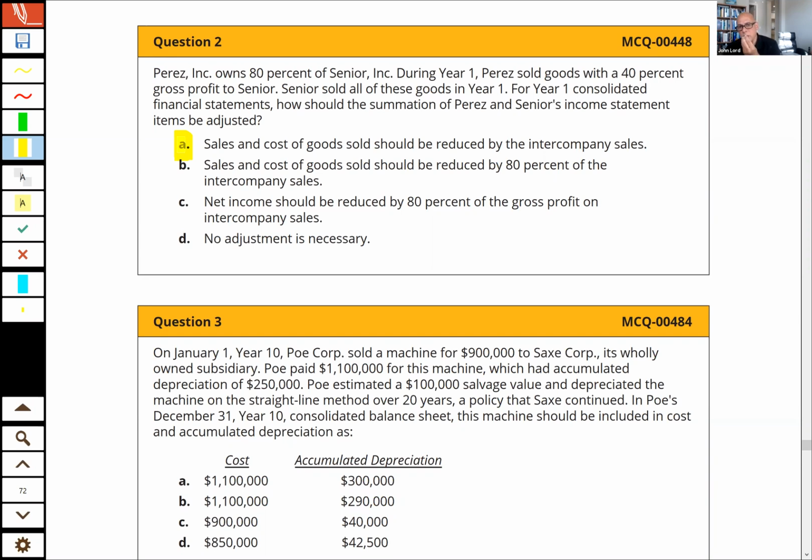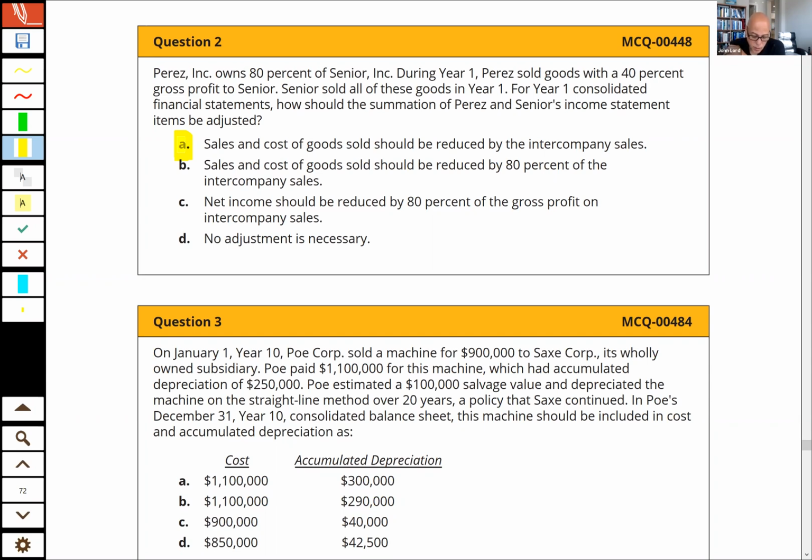Remember, any amounts that are attributed to the non-controlling interest are basically going to be an amount that's shown down at the bottom of the income statement as an adjustment to income attributable to the non-controlling interest. So this 80% is not relevant at all for this. You can show all the sales, all the cost of goods sold, but you have to eliminate all of the intercompany because you can't sell stuff to yourself.